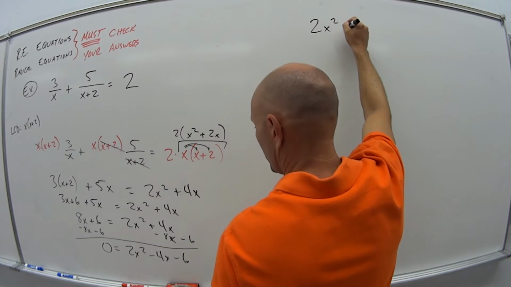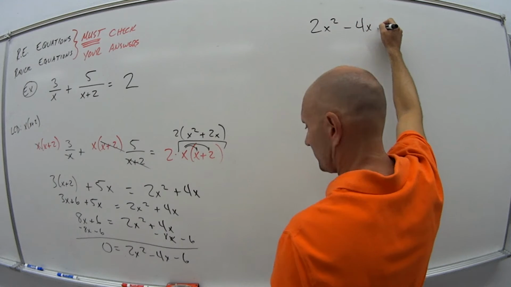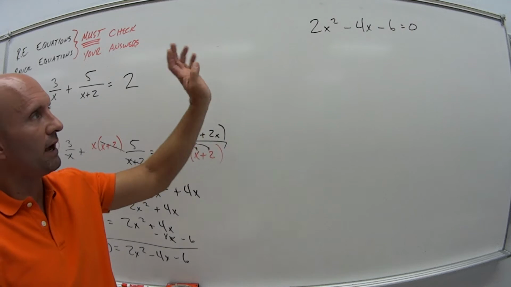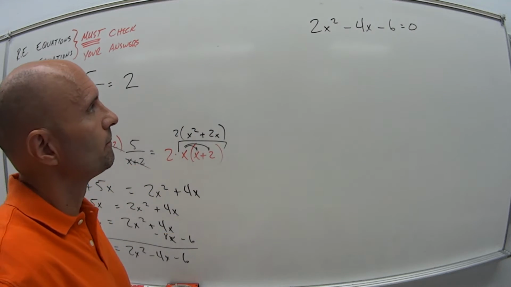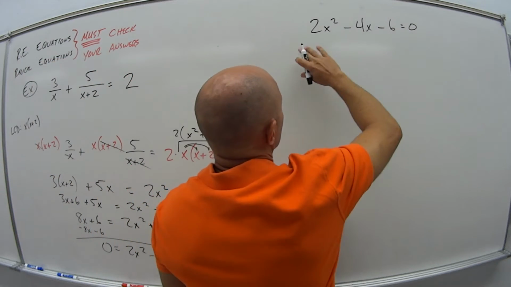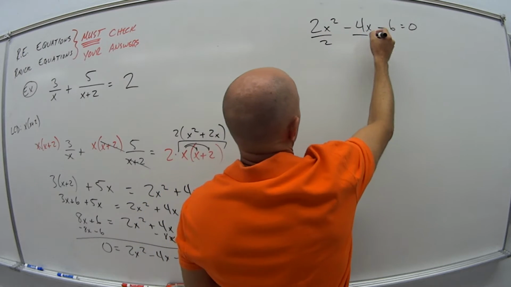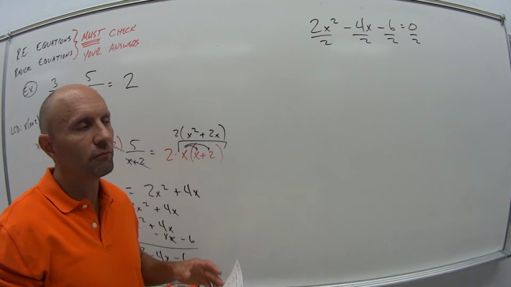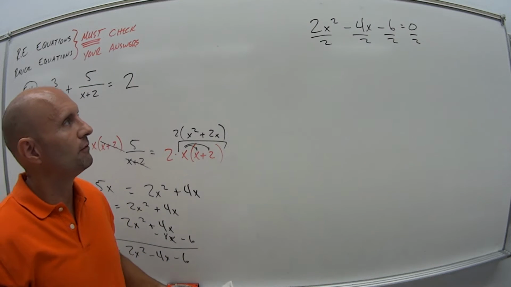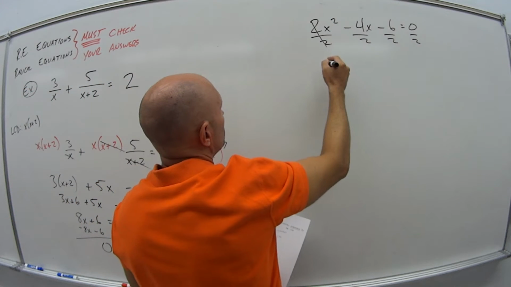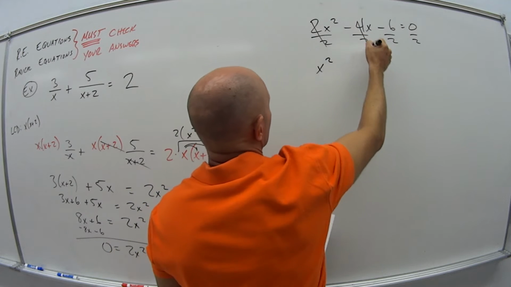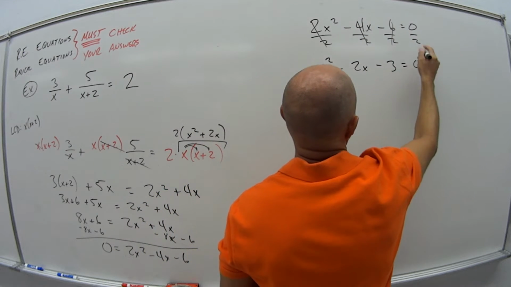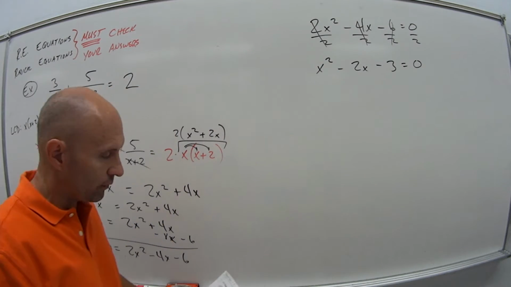So 2x squared minus 4x minus 6 is 0. Whether it's 0 equals that or that equals 0, it doesn't matter. I'm going to simplify this. I'm going to divide everything by 2 because I have to factor this. The cleaner it is, the easier it'll be for me to factor. So if I do that, I get what? x squared minus 2x minus 3. 0 divided by 2 is still 0.